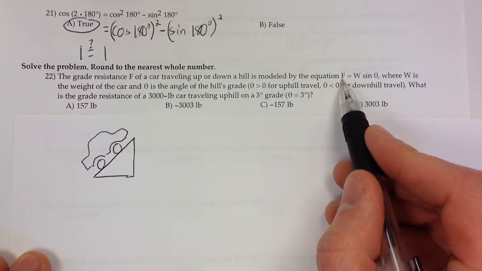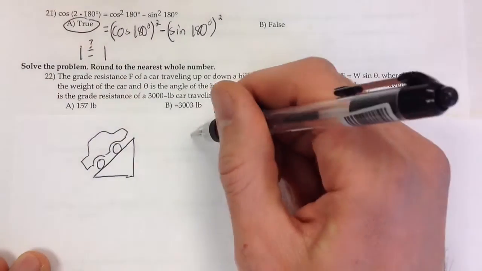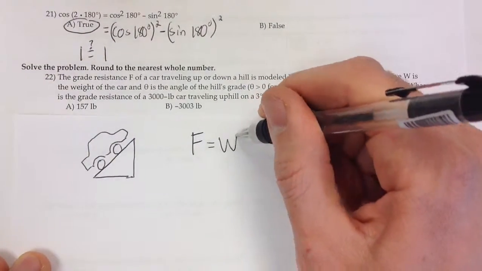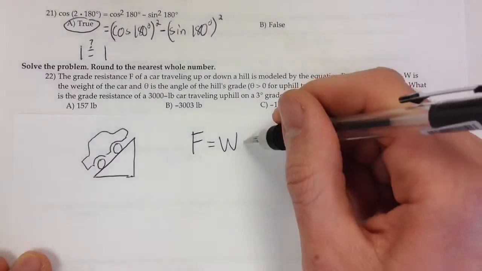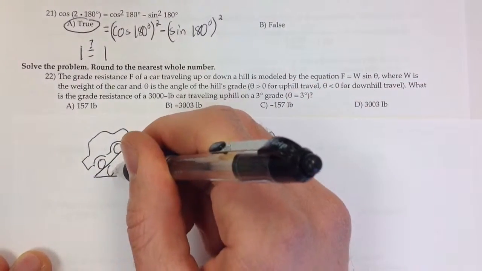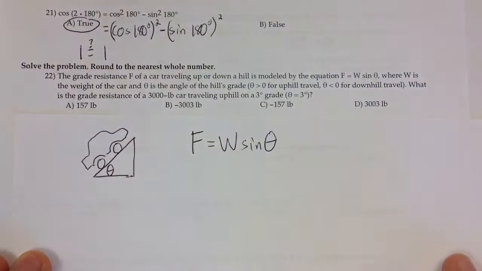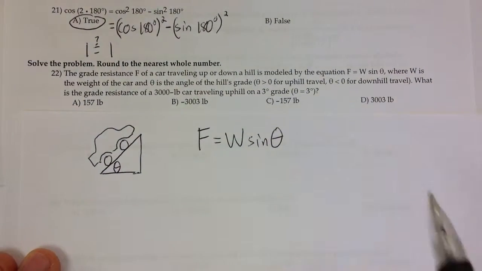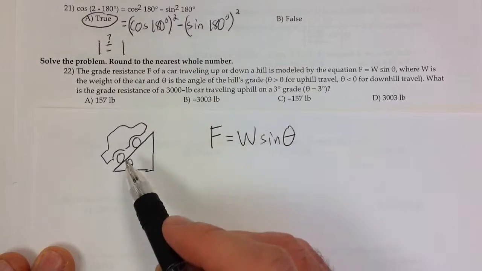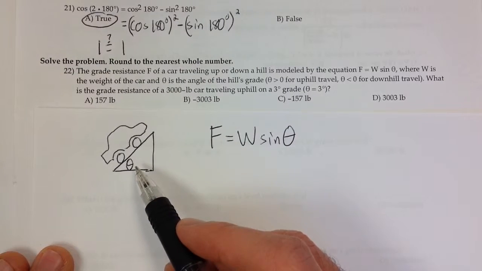This is the equation that models the grade resistance. F stands for force. W stands for weight. You know what sine is. And then this is the angle of elevation. So because sine increases as angle increases from 0 to 90, that means that the grade resistance is going to increase as your incline increases.